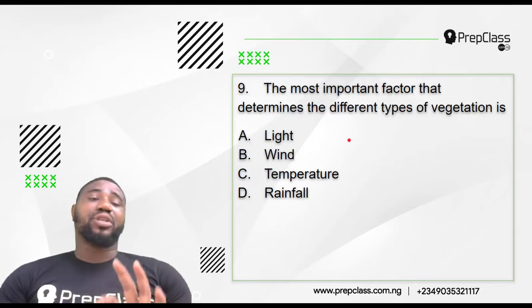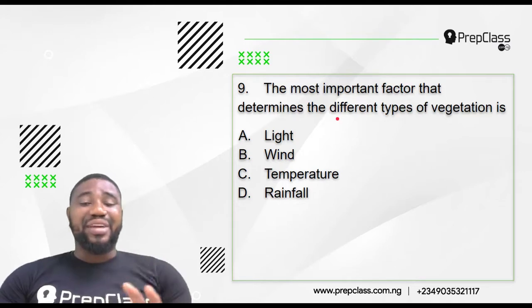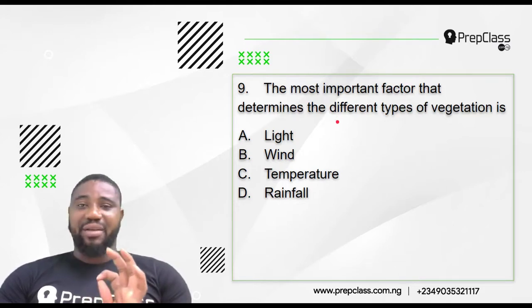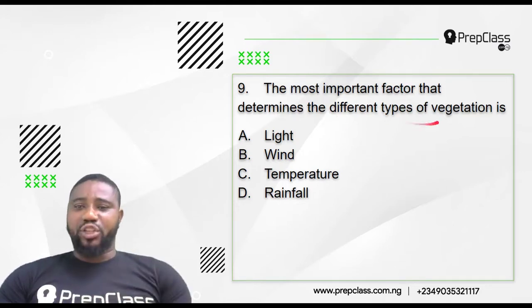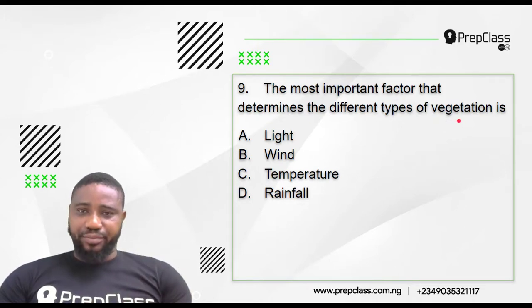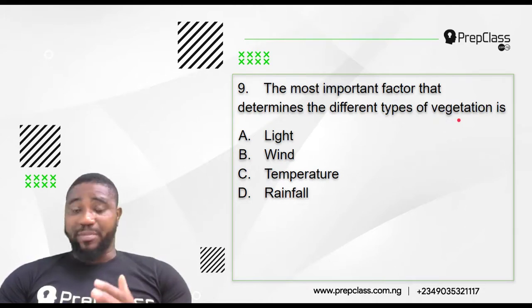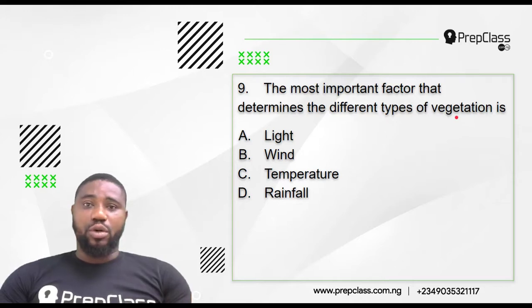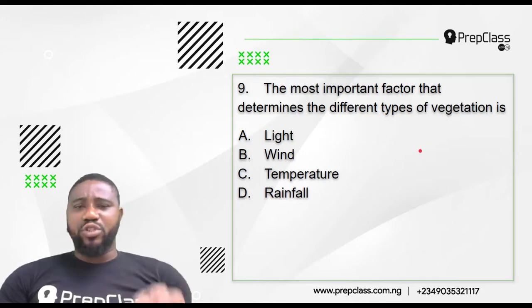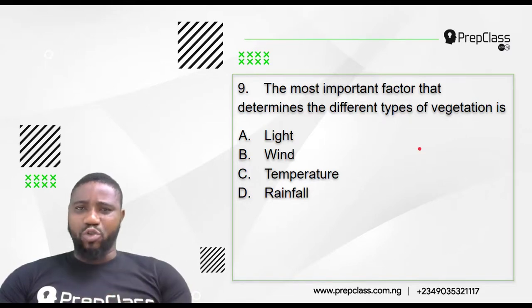So the most important factor that determines the different types of vegetation in terrestrial habitat is, vegetation simply means plant cover. Types of plants that grow in a particular area: trees, grasses, sedges. Are you following? And what is responsible for that type of plant that grows in a particular area is rainfall.